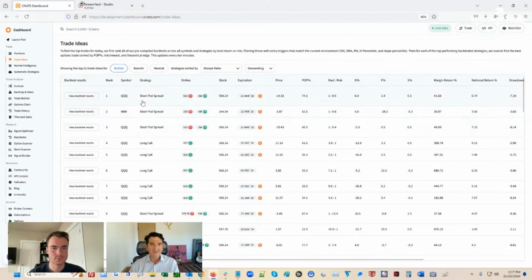All right, so here's a short put spread. That's in March. Sharpe ratio. So I'd like to find a short put spread that isn't too far out.